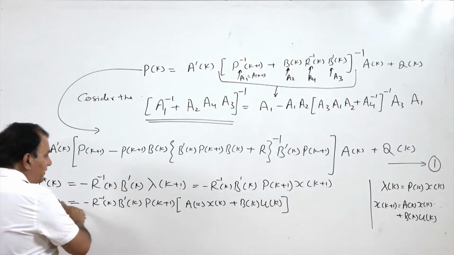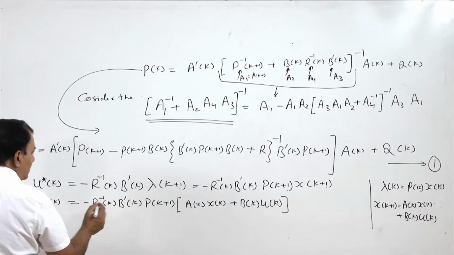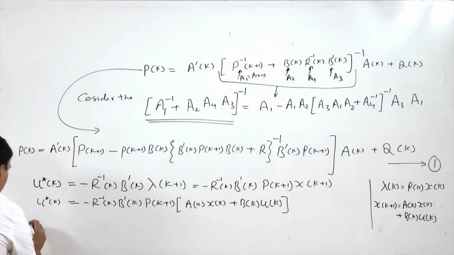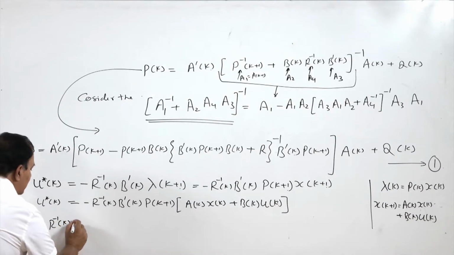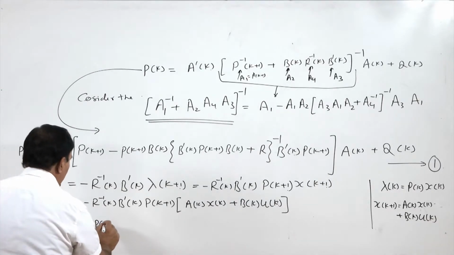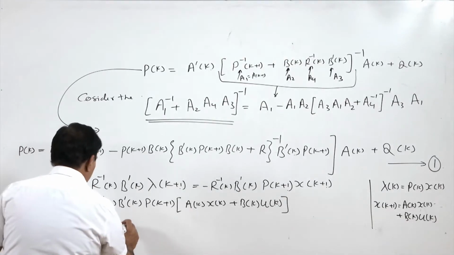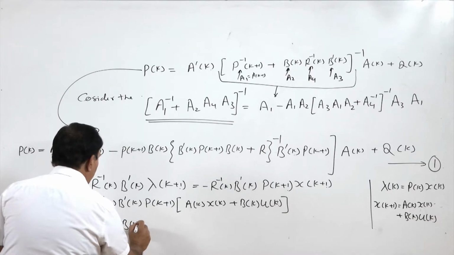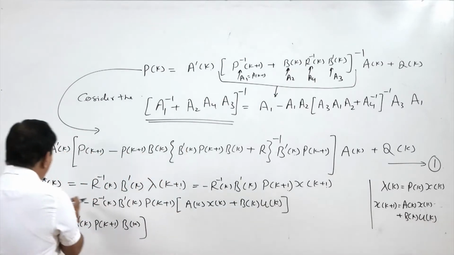Now from this I will collect all the u(k) terms on one side. So I can write this as (I + R inverse B prime P(k+1) B(k)), because this is multiplied with B(k) u(k) that I am taking to this side.